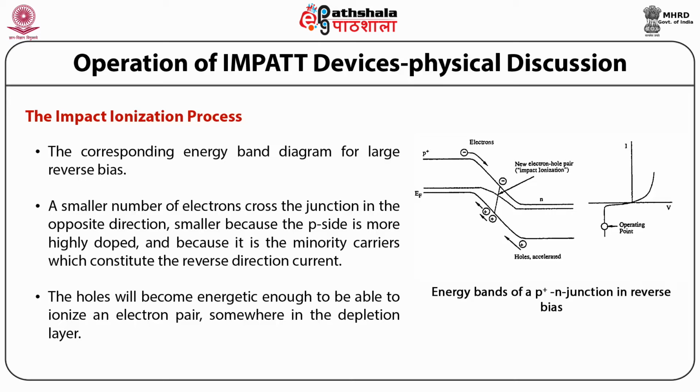The holes will become energetic enough to be able to ionize an electron-hole pair somewhere in the depletion layer. This process requires about 1.5 times the band gap energy, that is about 1.6 electron volts for silicon.